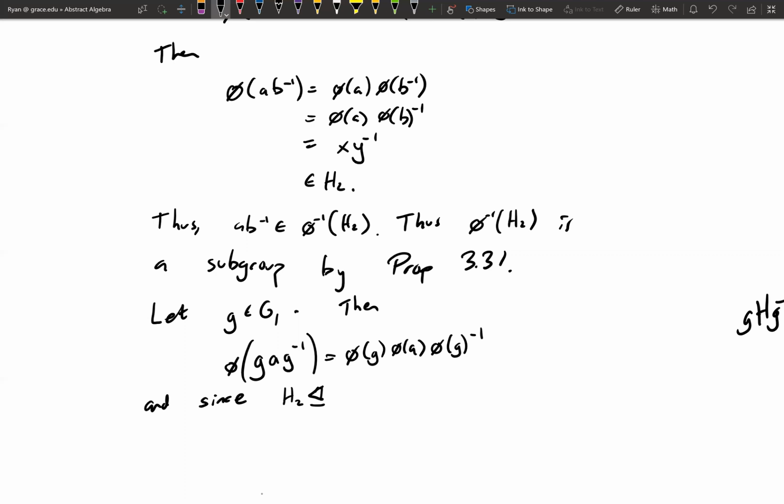Since H2 is a normal subgroup of G2, this is an element of H2. I'll just say element of H2 since H2 is a normal subgroup of G2.